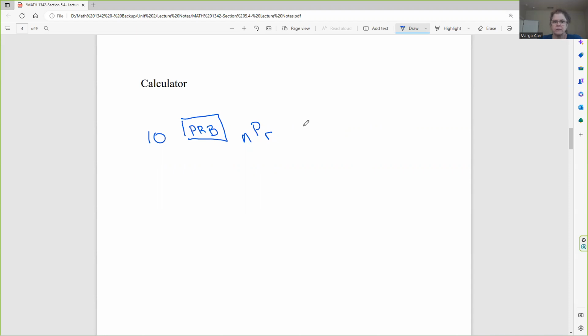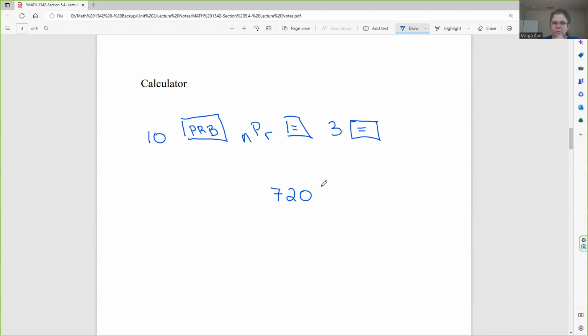We hit enter, then we hit the 3, and we hit enter, or the equals. And that's going to give me my 720. Again, I'm going to expect a problem on the test where you show me your work, but always know that you can check it with the calculator, which is very handy.